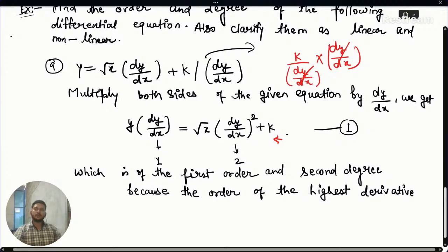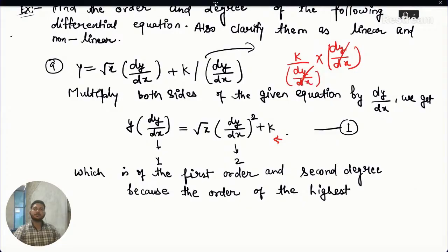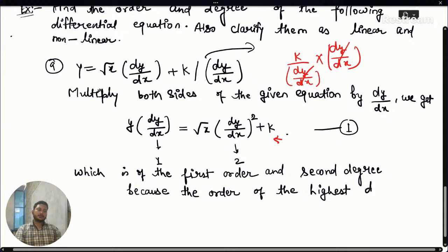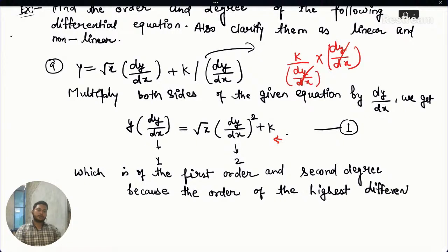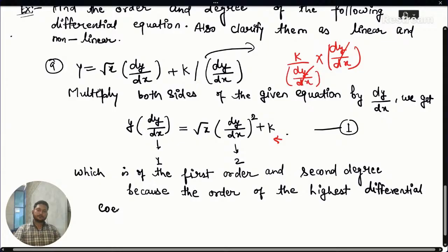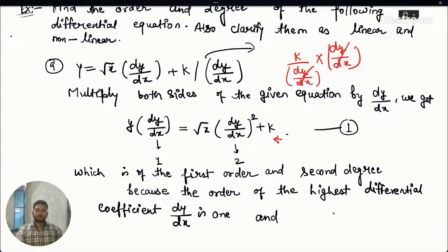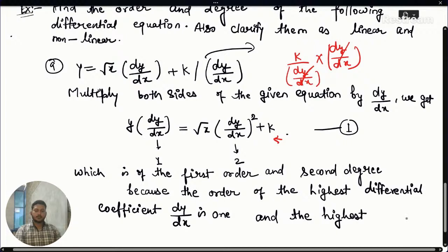is 1 and the highest degree of dy by dx is 2.